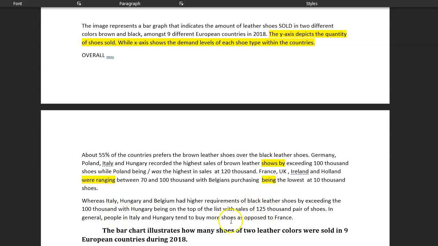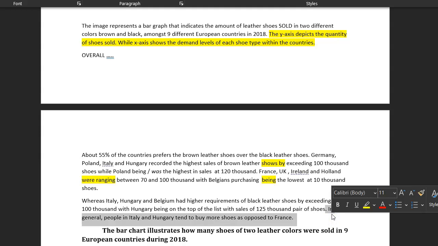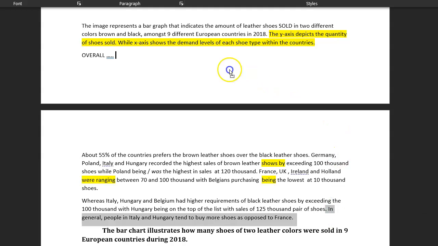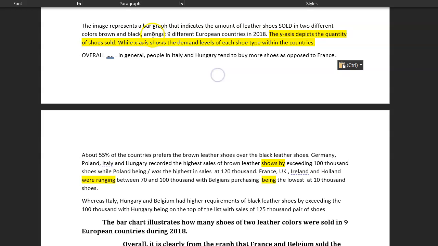Yeah, really nice. So rather than that, you could put that up here, okay, but tended, it would have to be past simple here. You need one more sentence coming in here to make it a little bit longer. You could put in something like brown sales of, what do you got?